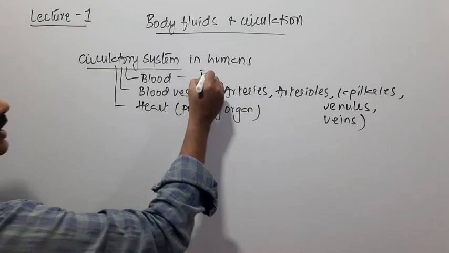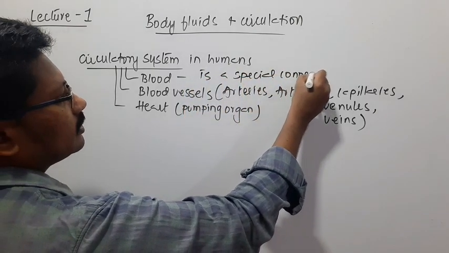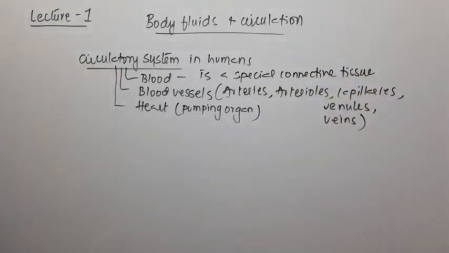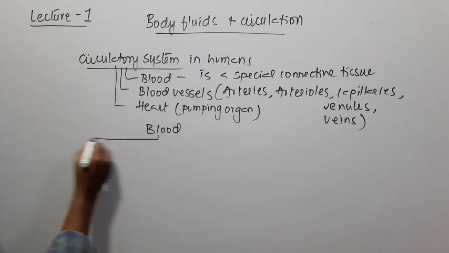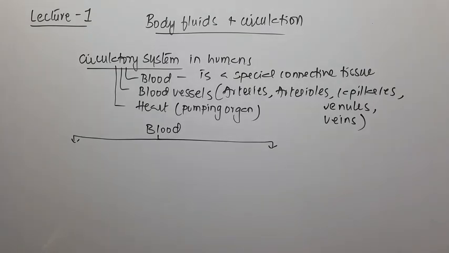So this blood is a special connective tissue, and this blood has mainly two components.